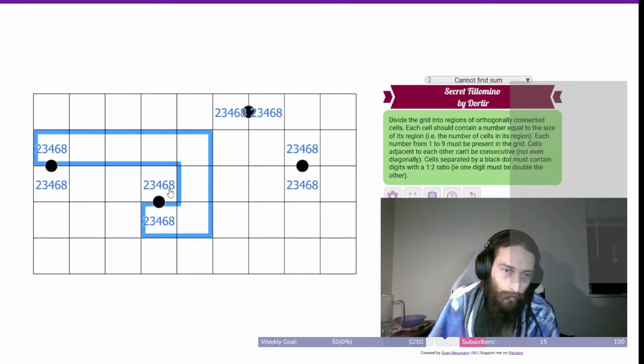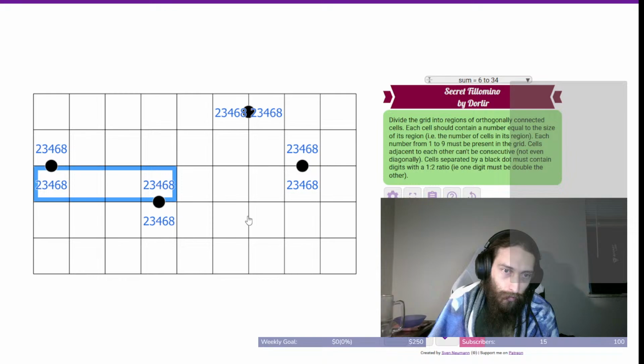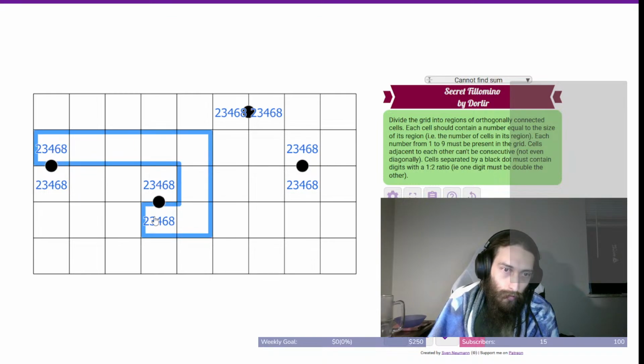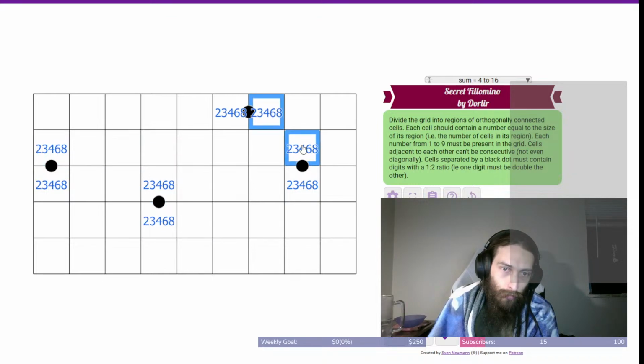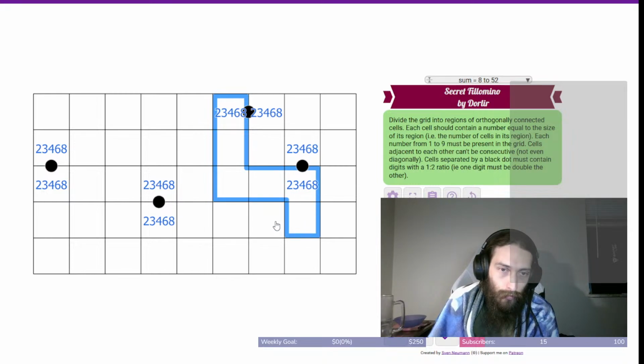I think that's how that one has to be, because that's the only way that 4 is going to connect those two. Because then you can do 3 and 6, and you've got room for one more 6. Yeah.